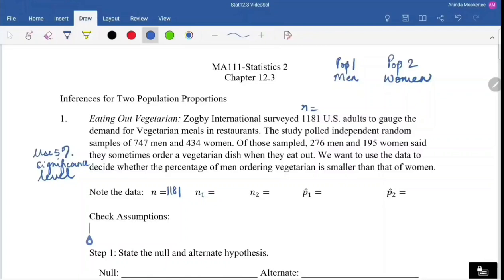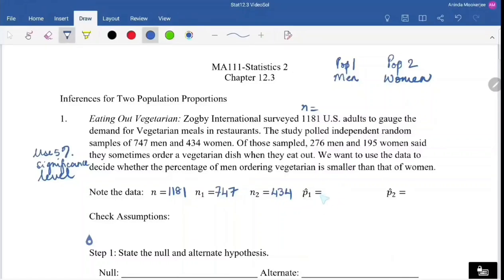And that's going to be our n1. So I'm going to write here 747. All right. 747 was the sample size of men, n1, and n2, which is going to be the sample size of women, would be 434. All right, it's 434.